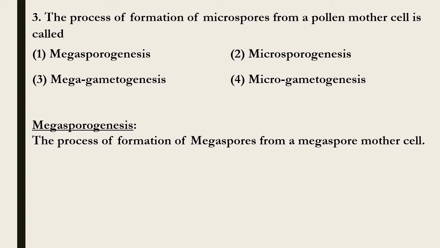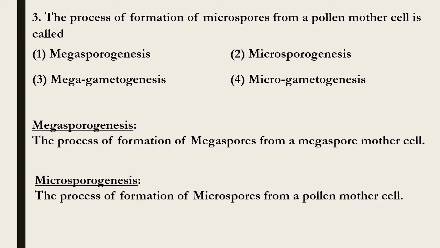During megasporogenesis, the embryo sac is developed in the ovule. And microsporogenesis is the process of formation of microspores from the pollen mother cell or microspore mother cell. So the correct answer is option 2.